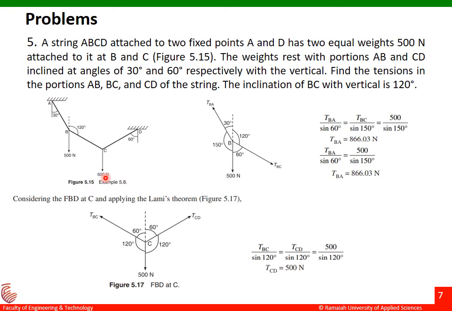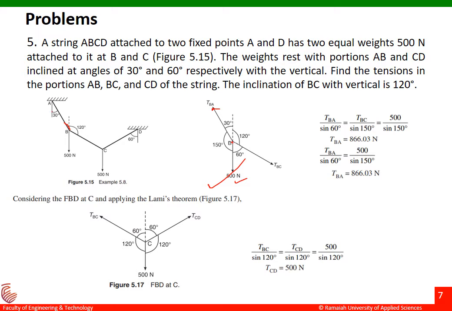So let us draw the free body diagram at B and then at C. This is the free body diagram at B and this is the free body diagram at C over here. Let me explain this free body diagram at B. We have a weight which is acting downwards, that is 500 Newton. One more thing, this cable, TBA, is written over there and the direction is towards the support.